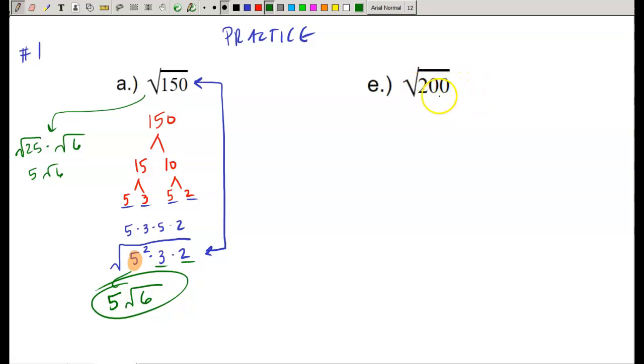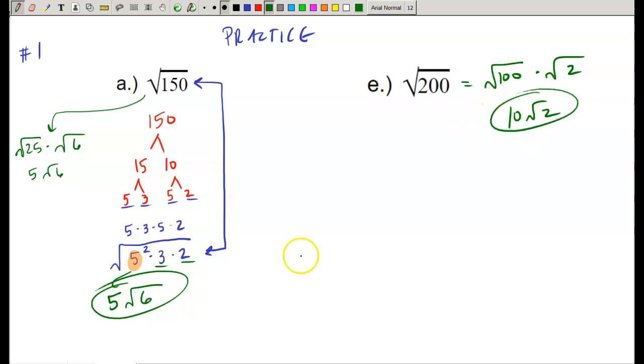Again, you could do a factor tree, or you could just think about what times what is 200, and try to think of a factor that's a perfect square. Personally, I would just think of 100 times 2. I know 100 is a perfect square, and the square root of 100 is 10, so I know this is going to be 10 root 2.